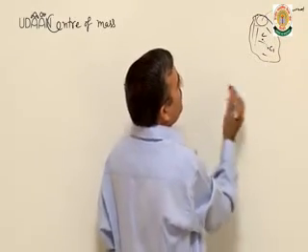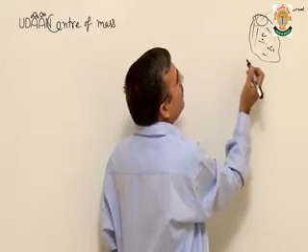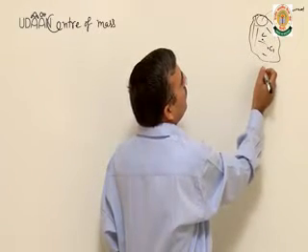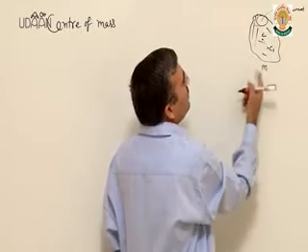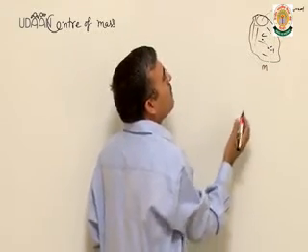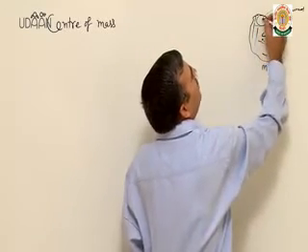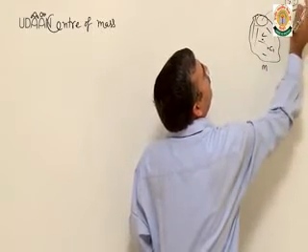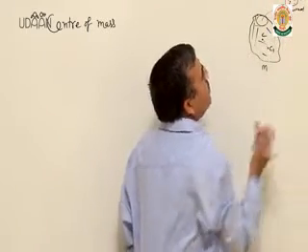So for this, suppose the mass of the total body is capital M, and the mass of the removed part is small m.